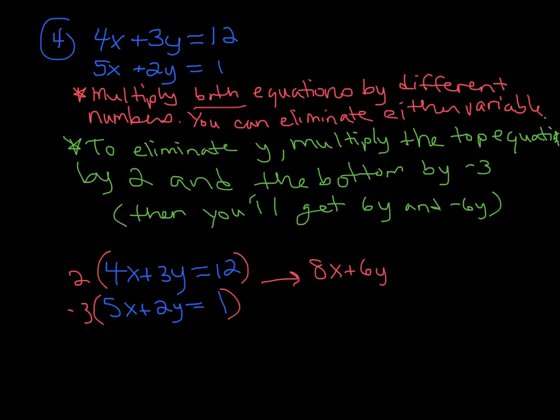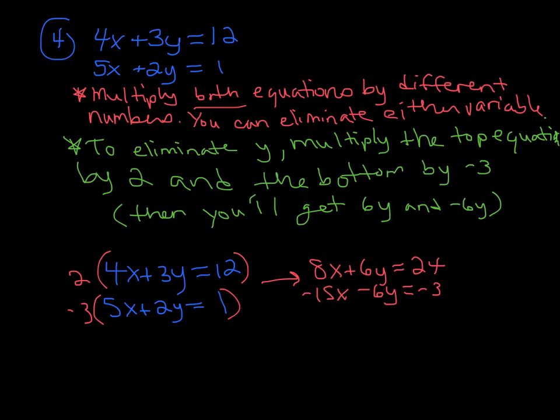Oftentimes when people are doing these more complicated equations, they end up forgetting to multiply the 2 by the 12. But you need to remember to do that. So make sure that you are multiplying each of those things by whatever number you multiplied by. So by the 2 or the 3 in this case.